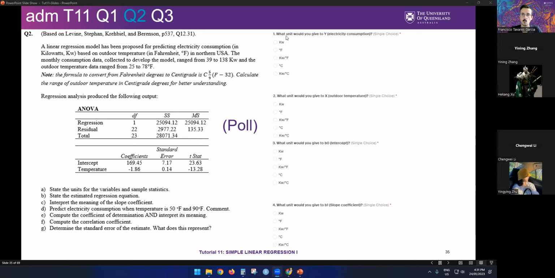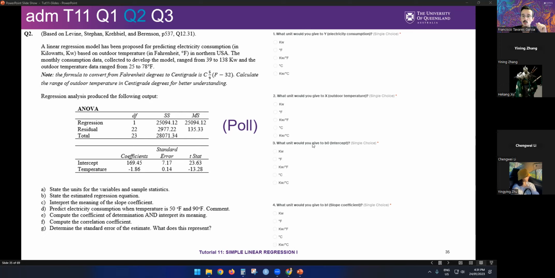So, what unit would you give to electricity consumption? Let me have a look at how the poll is going. I have three answers. There's a chance for 10 more people. I now have 5. I'll give you another 30 seconds. Let's think about it. In which units do we measure electricity consumption and why? Which unit do we measure outdoor temperature, which would be our X?